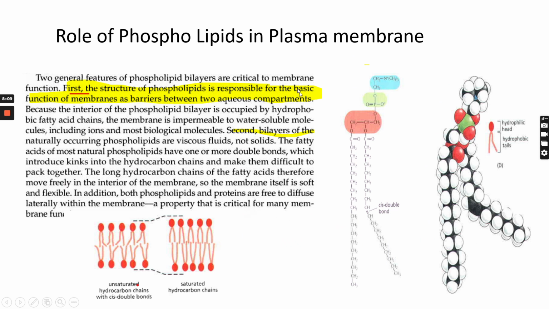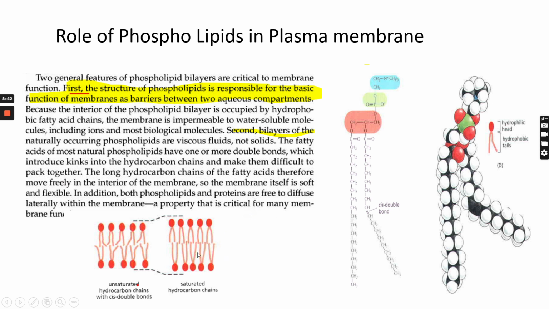Now, the role of phospholipids in the plasma membrane. It is very important that the main role of phospholipids of the plasma membrane is to make the membrane a barrier between two aqueous compartments. But in the plasma membrane, in the phospholipids, you will find there are some cis double bonds which help them to form a kink. This kinky structure inhibits them from freezing or packing together.